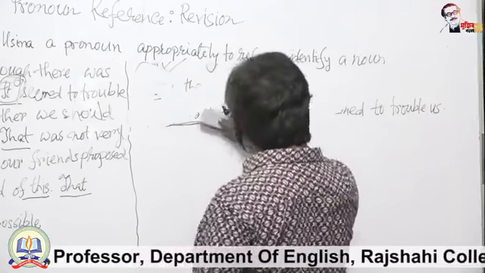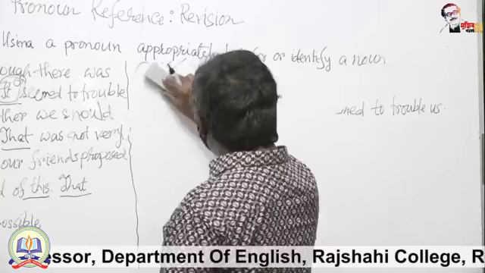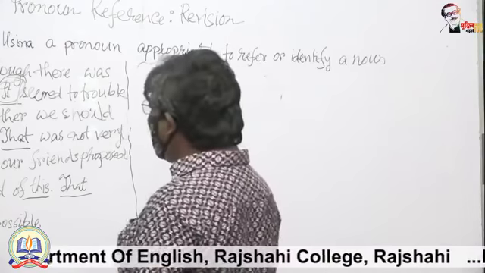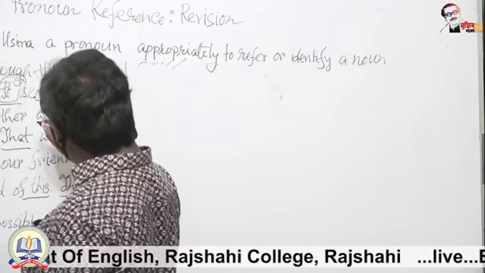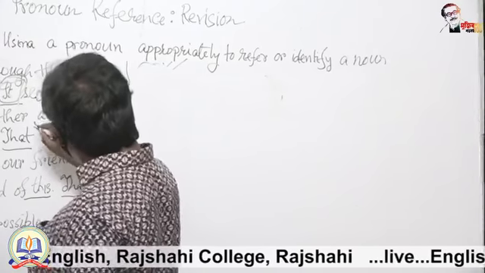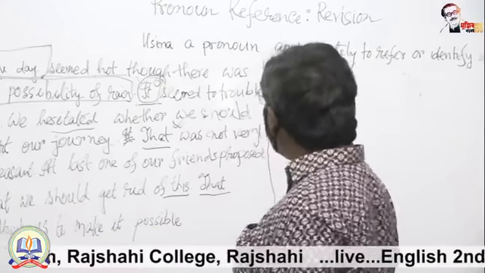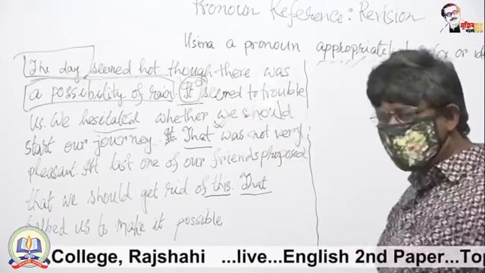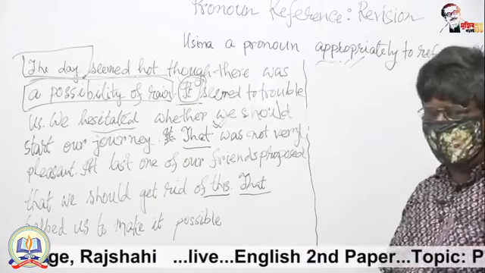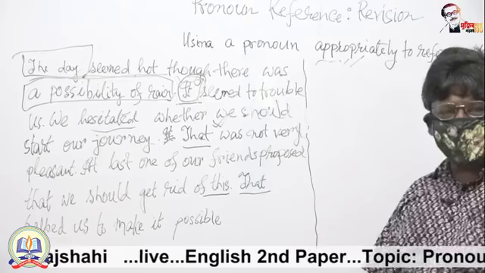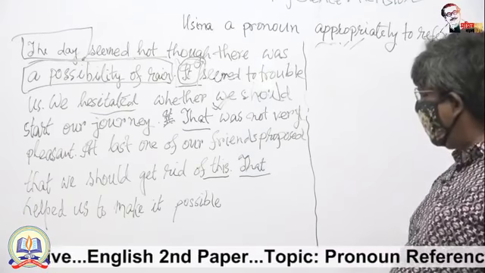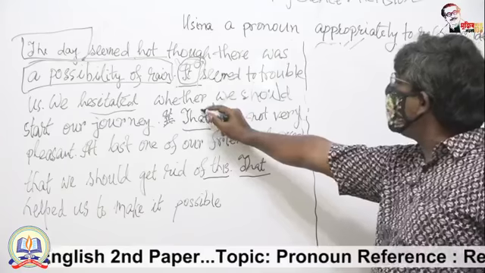And now we are going to identify the reference of the next pronoun, that. That was not very pleasant. What was not very pleasant is not made clear by the pronoun that. So, we have to find the noun reference of this pronoun that.